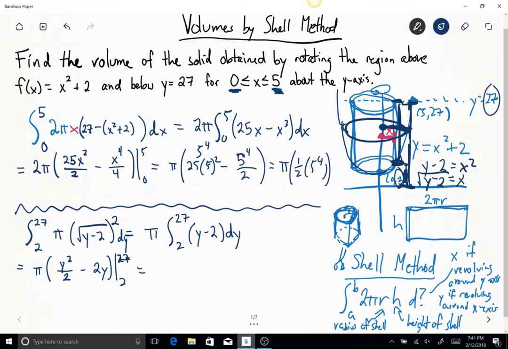Okay, so this should equal pi times 27 squared all over 2 minus 2 times 27, and then subtract off, so that's our first term, and subtract off, we have to plug in 2 for our bound, so we get 2 squared over 2 minus 2 times 2.